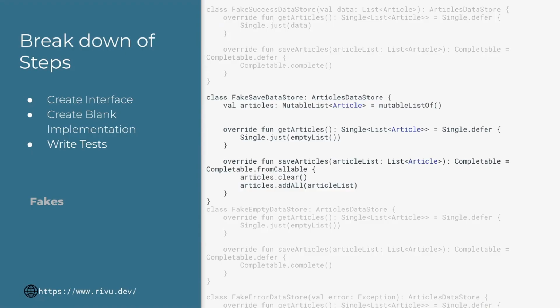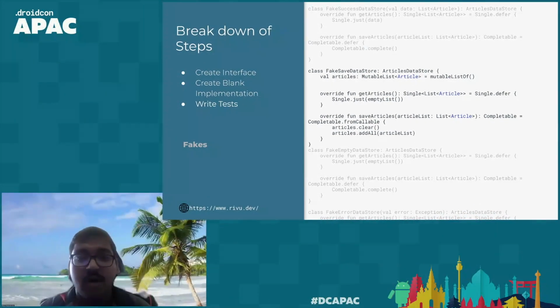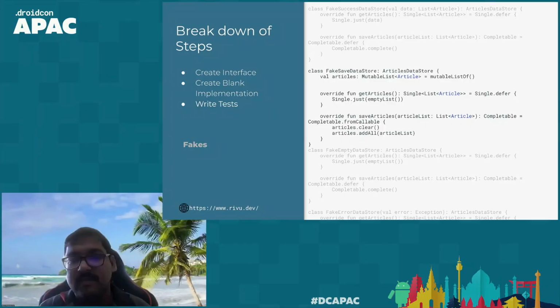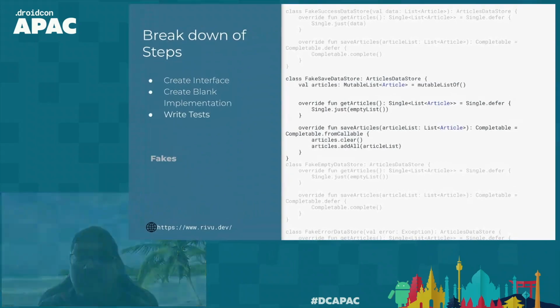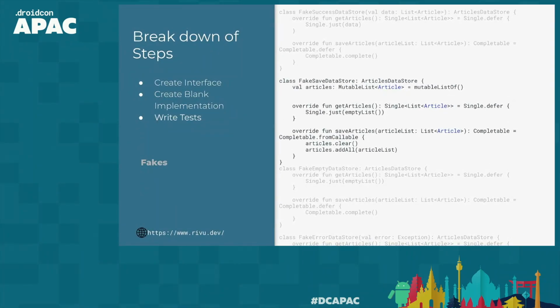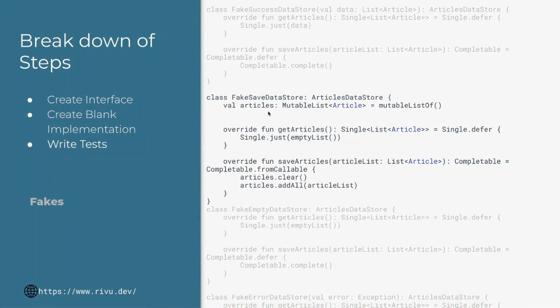When I actually want save articles to do something, to test that the data is getting saved, or rather that the repository is calling save articles properly, you call save articles with a list, and that article list will get added to the articles here, which is publicly accessible. So you can assert that this list is exactly what you wanted, and that's what we'll do.